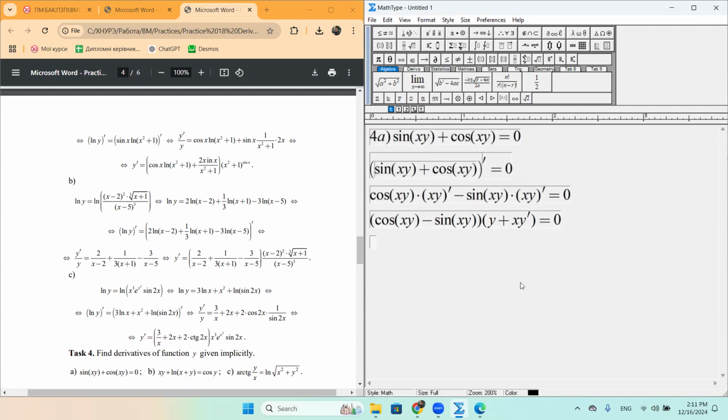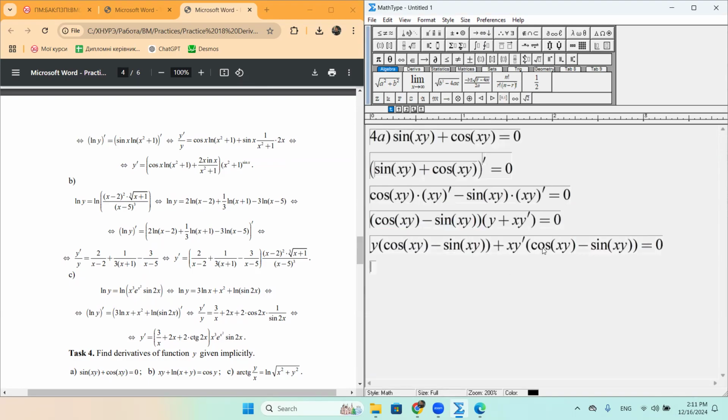Okay, and now what do we have to do? We just need to solve this equation with respect to y prime. So now let's expand brackets. So y multiplied by this expression plus xy prime multiplied by this expression and equals 0.